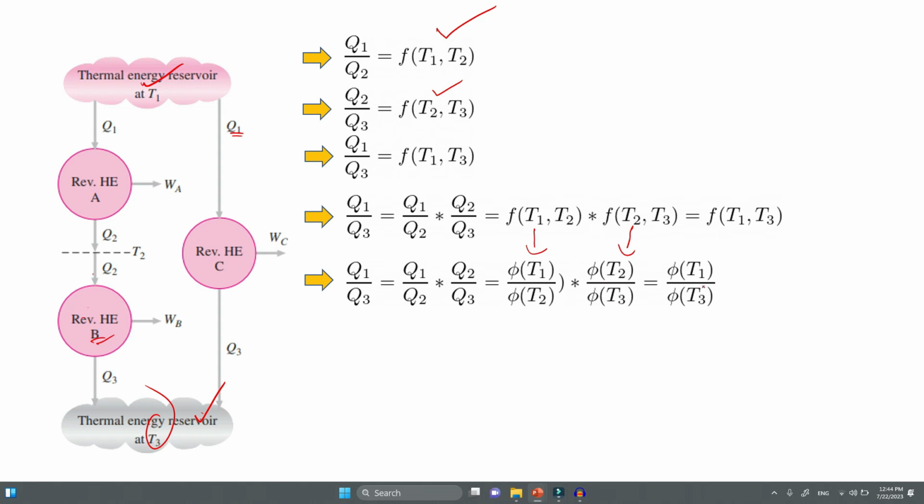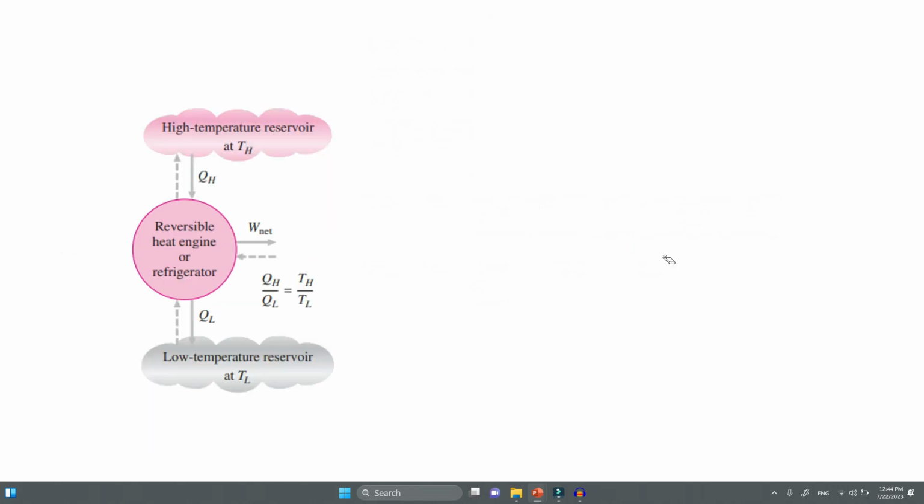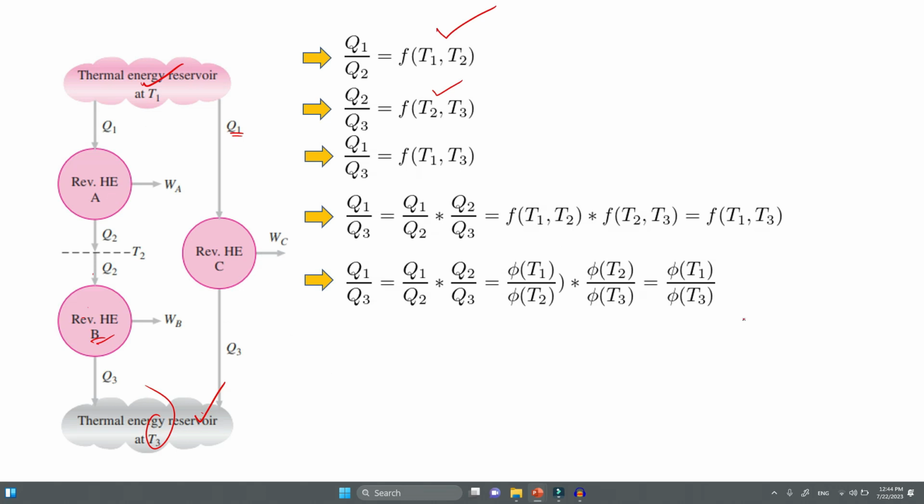So this is equal to phi of T1 by phi of T3. See, this is how we reduce it: Q1 by Q2 is equal to T1 by T2, or Q1 by Q3 is equal to T1 by T3, just like this. That means phi of T1 can be written as T1 itself. There is no problem.